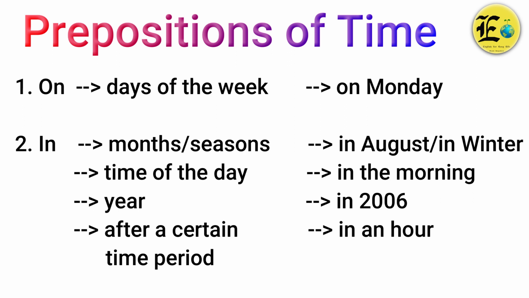If you need to explain something regarding a year, we use this preposition of time in 2006. So in 2006, we had a World Trade Fair. Examples like that can be used. Even to indicate after a certain time period, I will be meeting you in an hour. So if you need to talk about a particular time, you can even use in there.